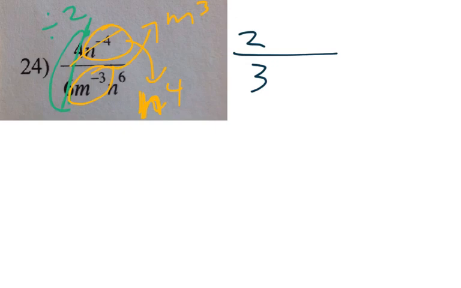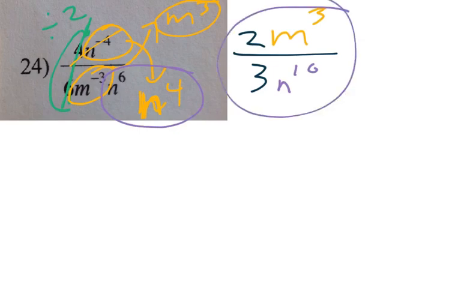So, if you look at what I have now, I have m^3 in the numerator. And in the denominator, I have n^6 and n^4, and when multiplying together, I add the powers, and I get n^10. So there's my answer, guys: 2/3 m^3 divided by n to the 10. Pause the video if you need to.